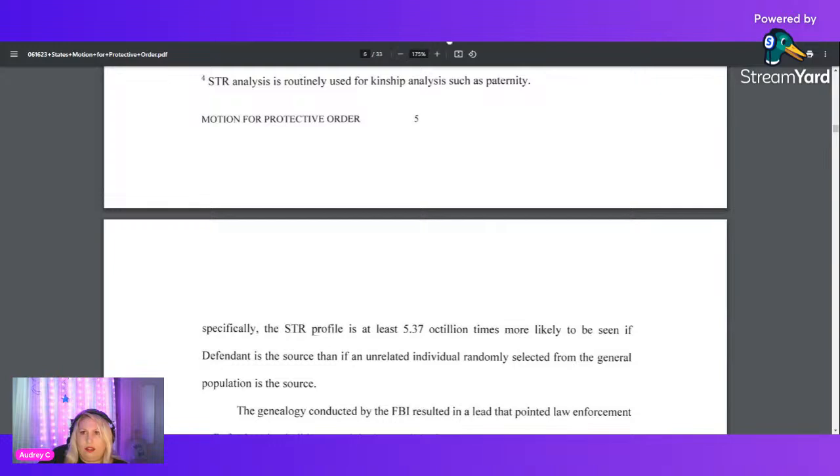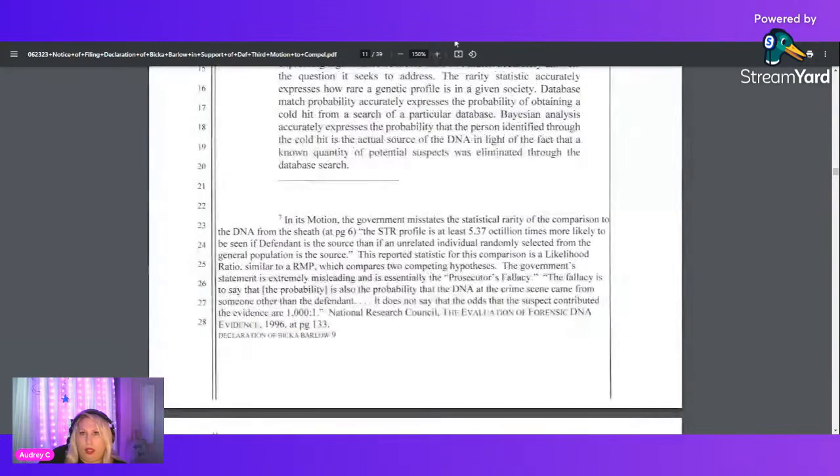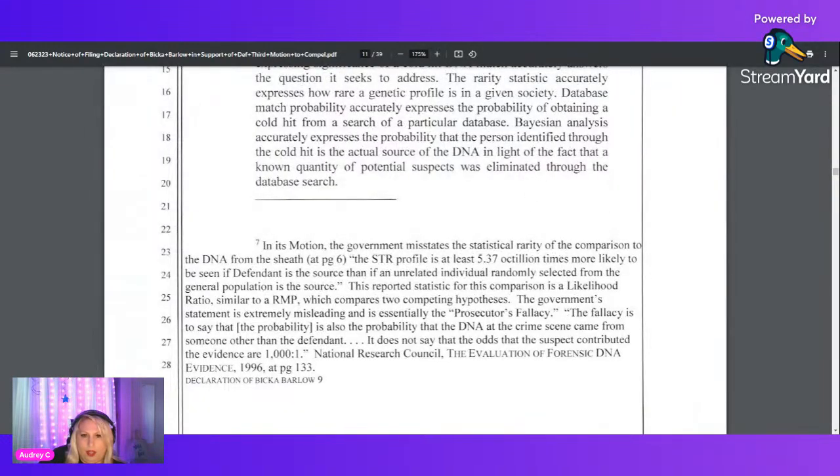And so then, if we take a look at this, this is Bishop Barlow's declaration, where she says here, this reported statistic for this comparison is a likelihood ratio similar to the random match probability, which is the other statistic.